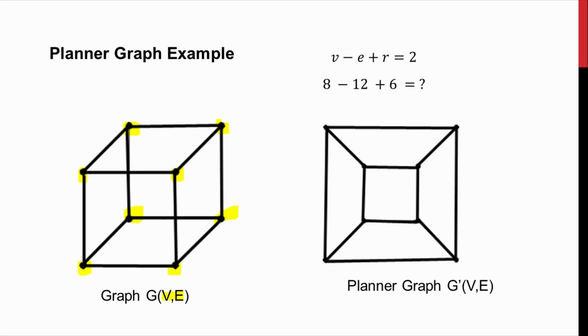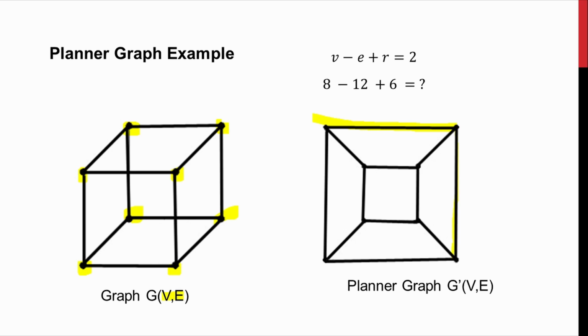So in V we have 8 vertices, and in E we have 12 edges. When we draw this graph as a planar graph, it looks like this. No edge is crossing any other edge.